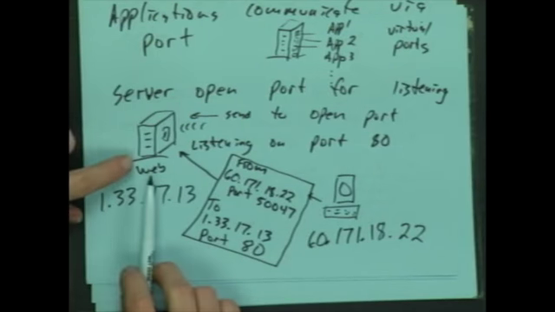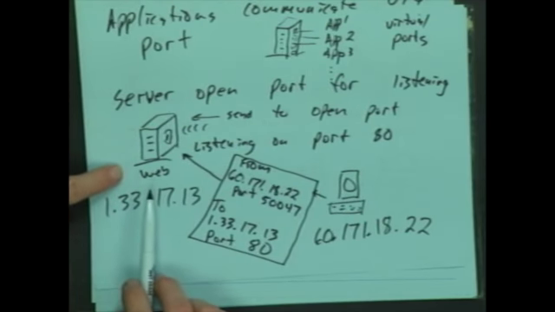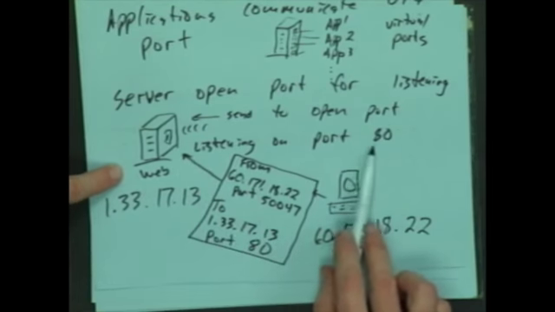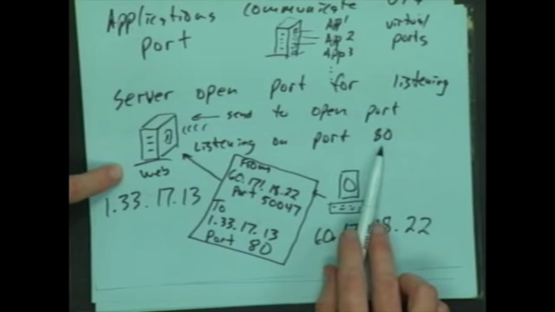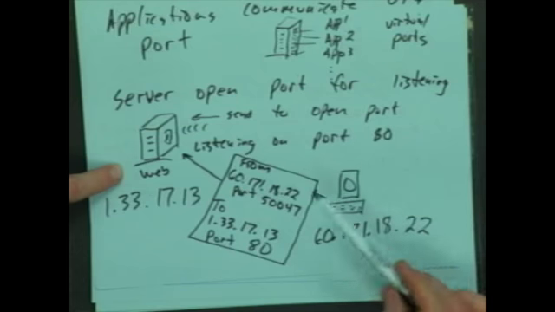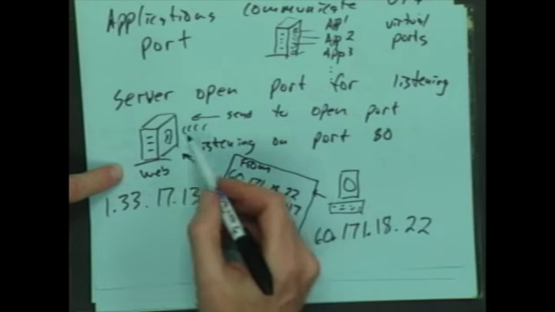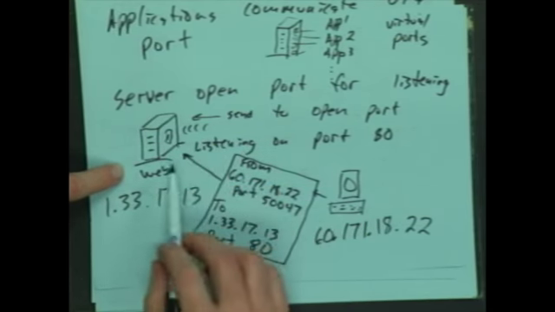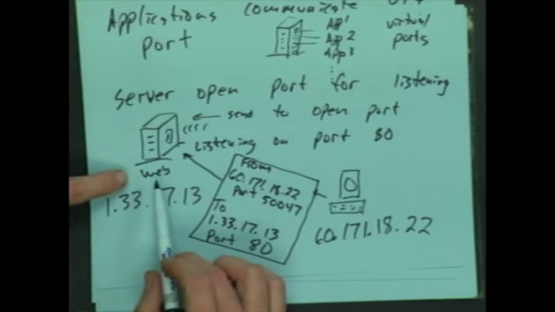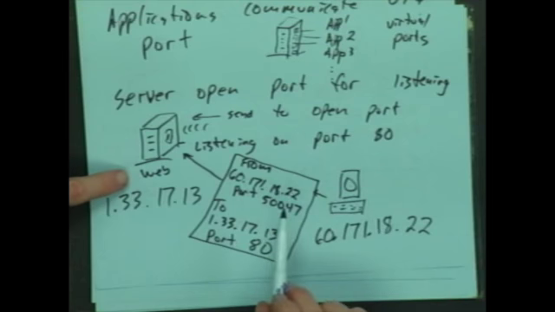And again, when I started up that web server application, it was already configured to listen on port 80. So as the application was running, it just opened up port 80. If this ever happens on your computer, your firewall will tell you, is it okay for this application to use port 80?